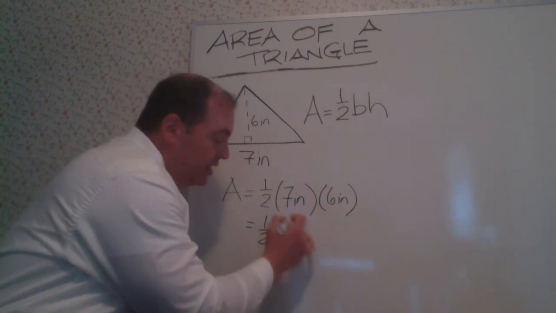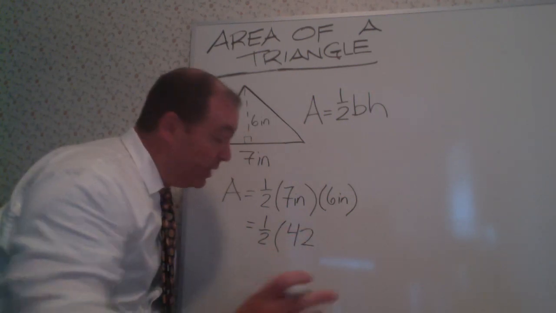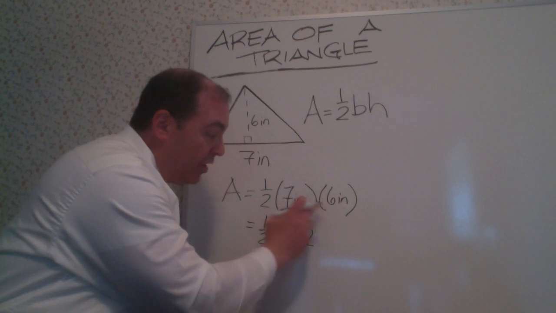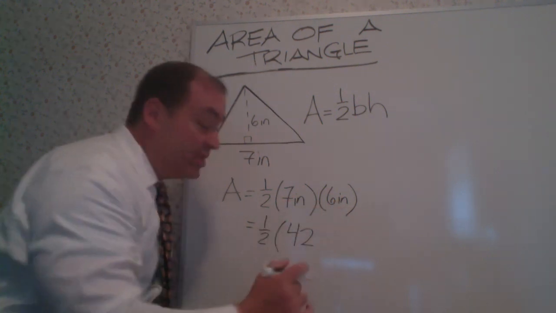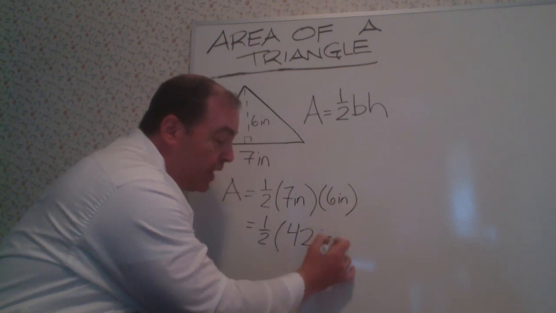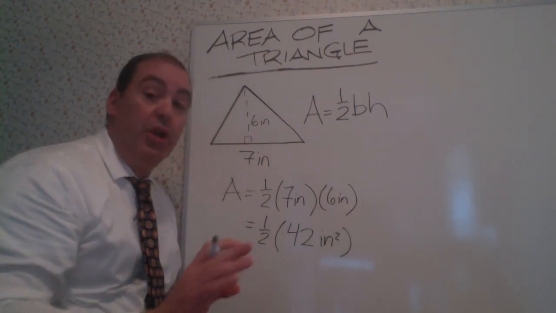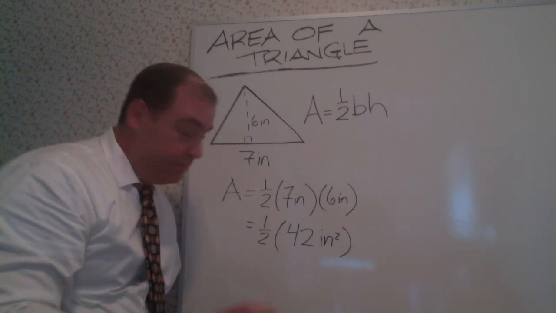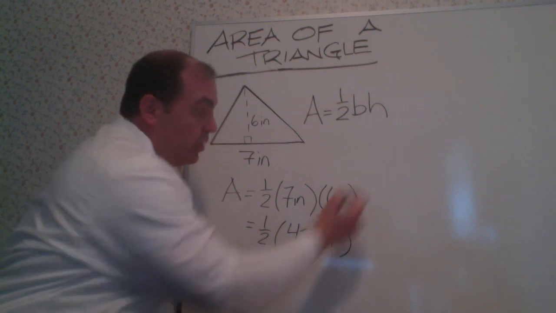So 7 times 6 is 42, and now be careful with the units of measurement. The units of measurement are inches times inches, which is inches squared, okay? So for area of a triangle, you want it in units squared, okay? That's important. Now, how do I deal with the 1 half of 42?